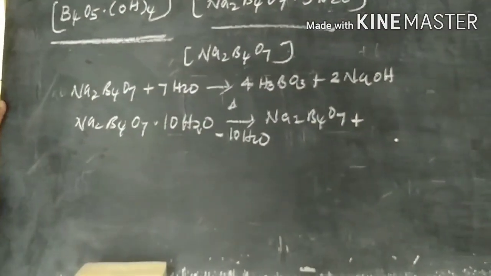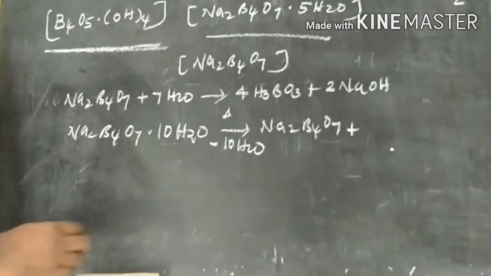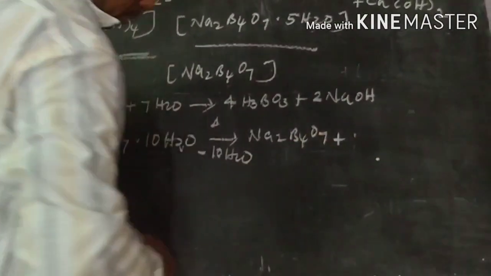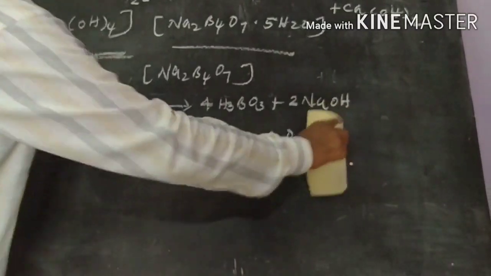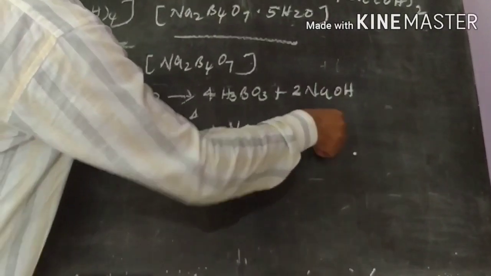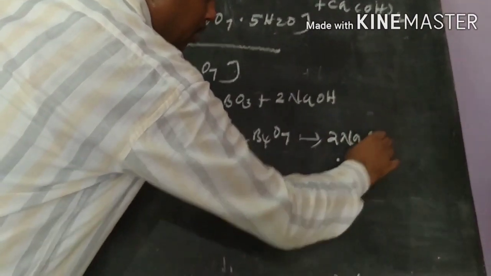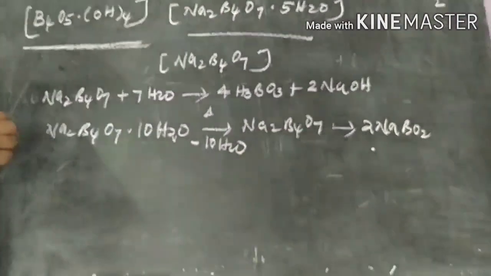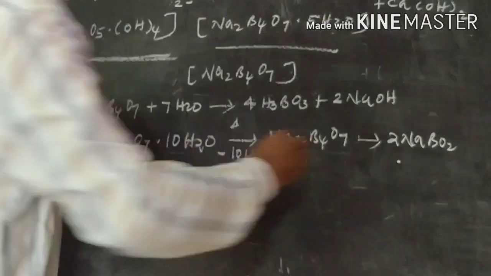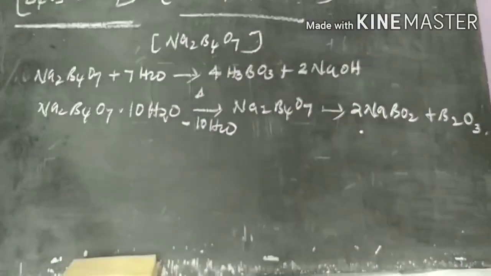On further heating, it gives 2NaBO2 plus B2O3, boron trioxide.